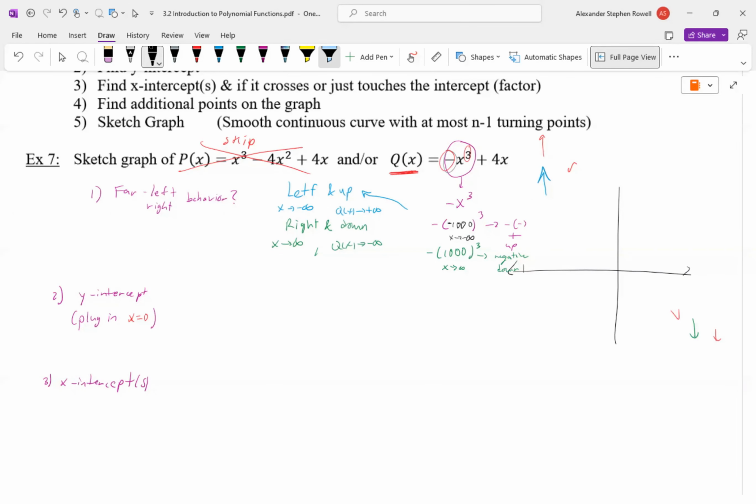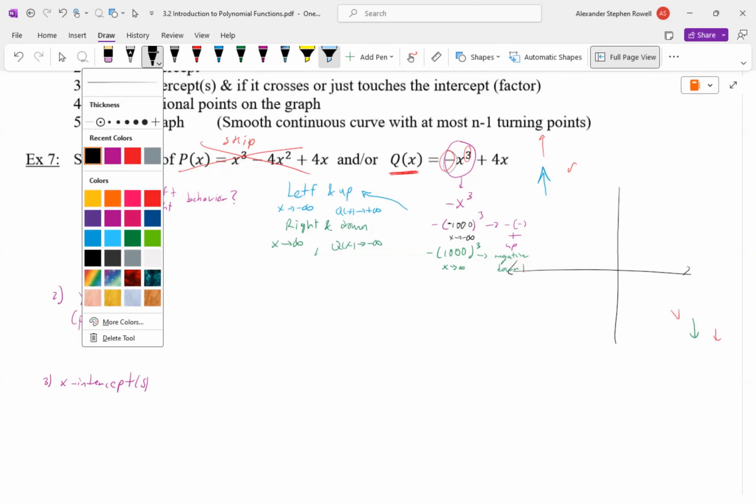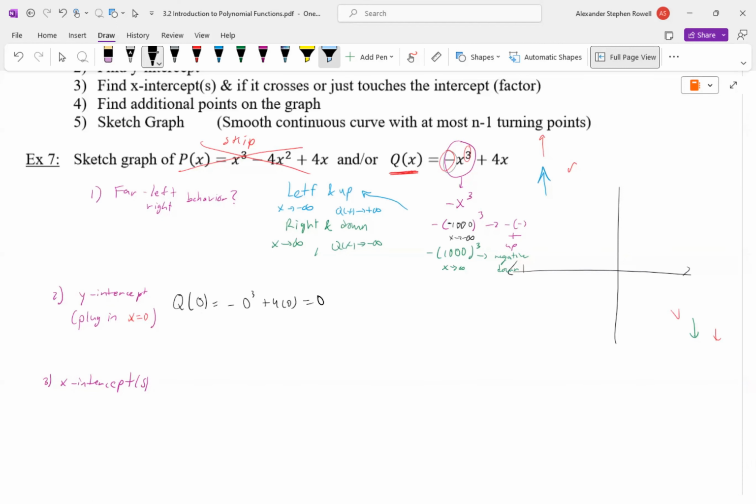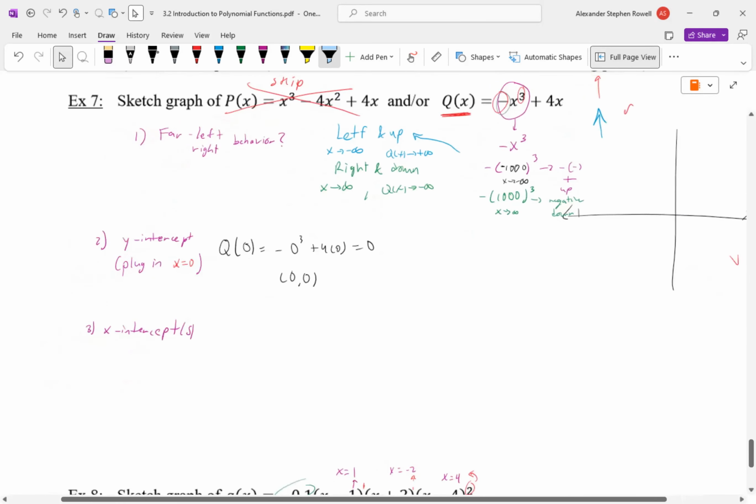What would it mean to have multiple y-intercepts? It would fail the vertical line test. There's one y-intercept. What is q of 0? 0 cubed plus 4 times 0 is 0. So (0, 0) is on our graph.